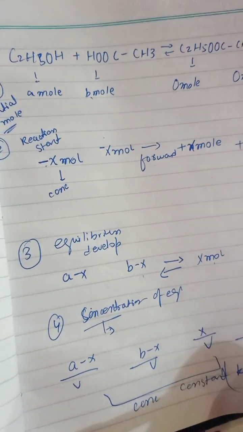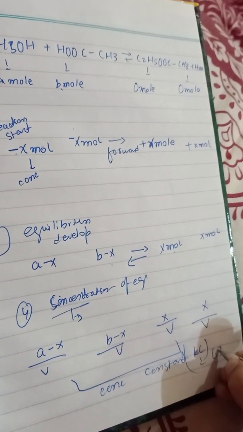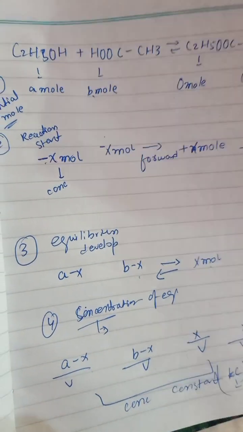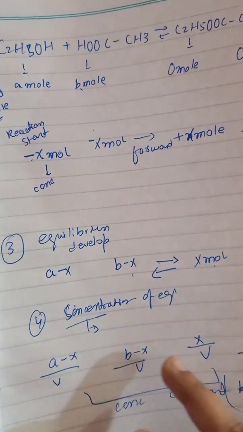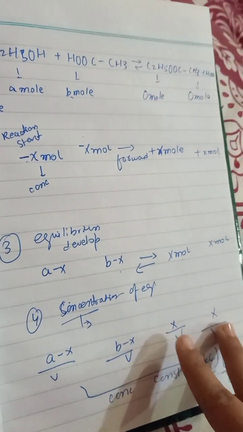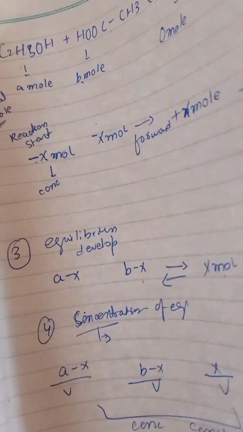As you all know, Kc is the product concentration and the reactant concentration. So now we write the product concentration and the reactant concentration.